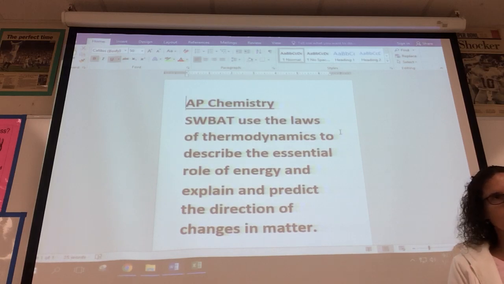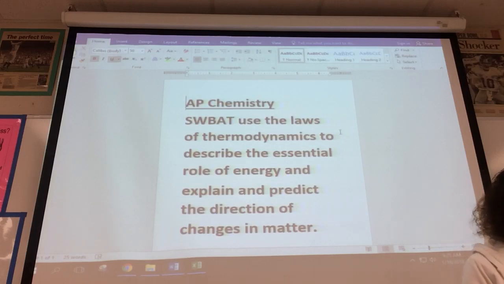Remember, with the first law, the change in internal energy is equal to the heat plus the work. We talked about the third law of thermo, where we said the entropy of a perfect crystal at 0 degrees is 0 because atomic and molecular motion ceases to exist.